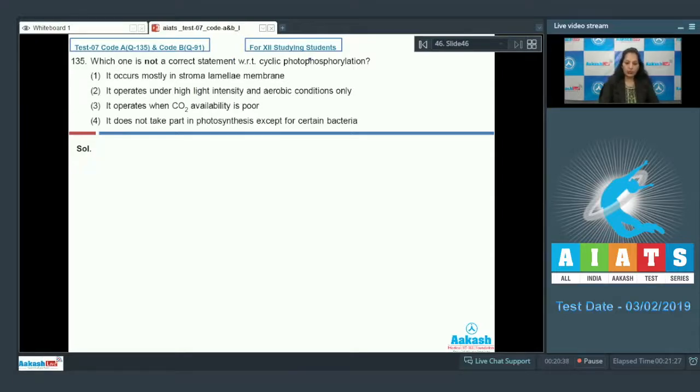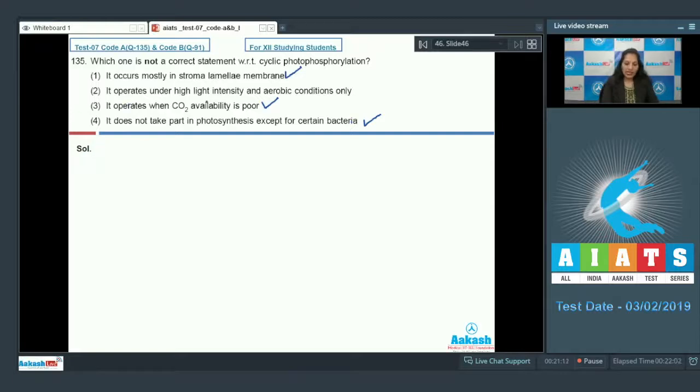So it occurs mostly in stroma lamellae. It is true that cyclic photophosphorylation occurs in stroma lamellae. Third, it operates when CO2 availability is poor. It is also correct. Fourth, it does not take part in photosynthesis except for certain bacteria. It is also true that in green plants, cyclic photophosphorylation does not take place most of the times, but in certain bacteria, it is functional mostly.